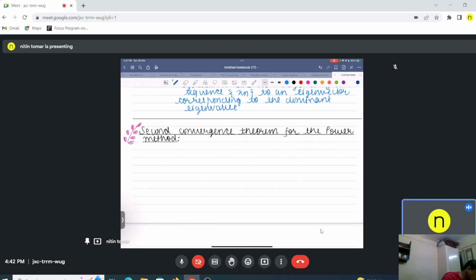So what does this theorem say? It says let A be an n cross n matrix satisfying the hypothesis H1, H2 and H3 of the above theorem.